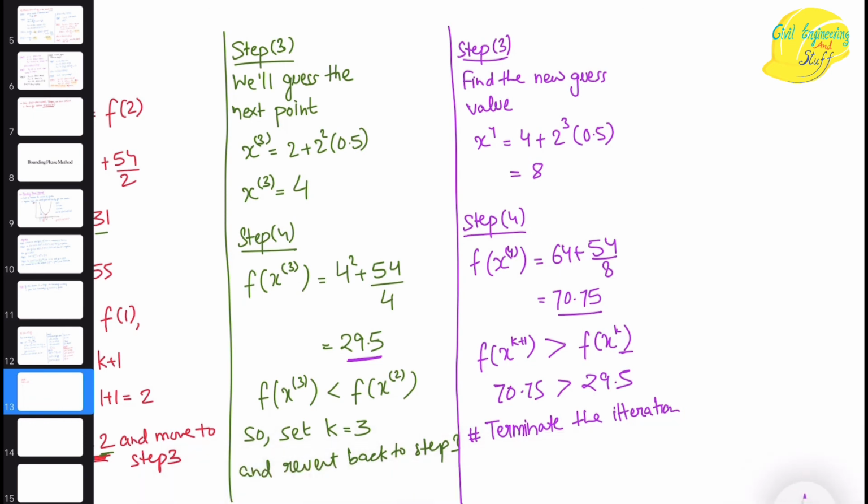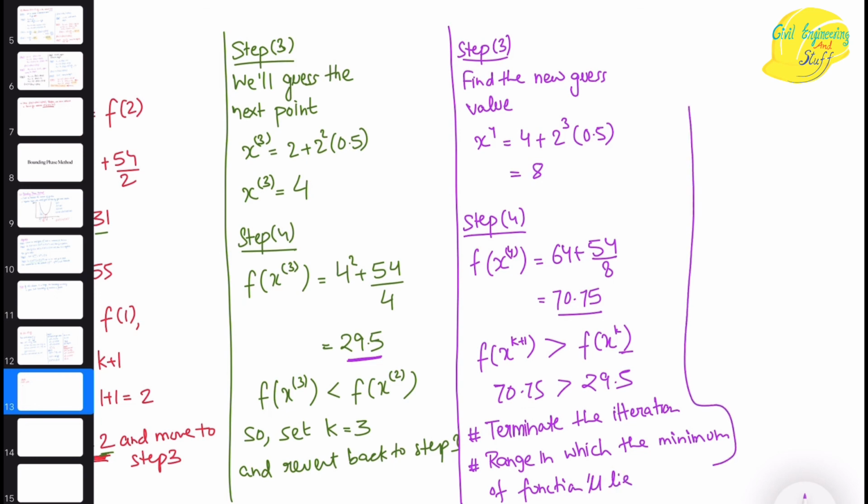Terminate the iteration, and the range in which the minimum of the function will lie is x_k-1 and x_k+1.